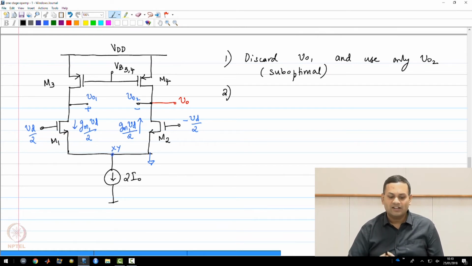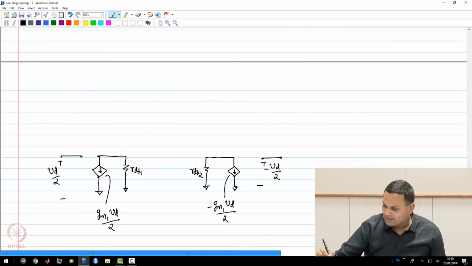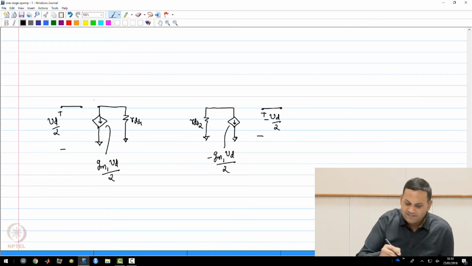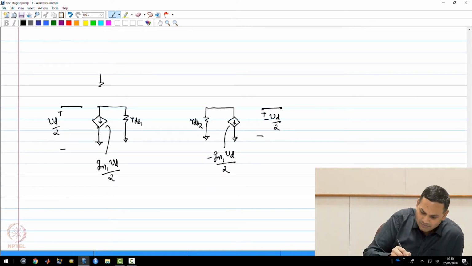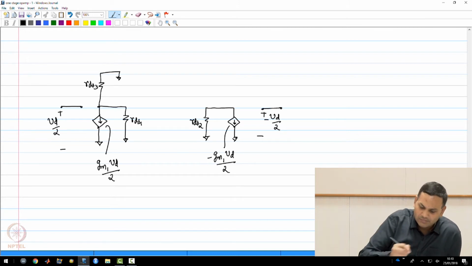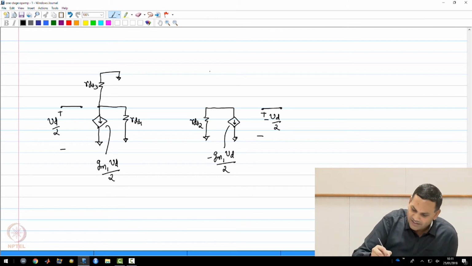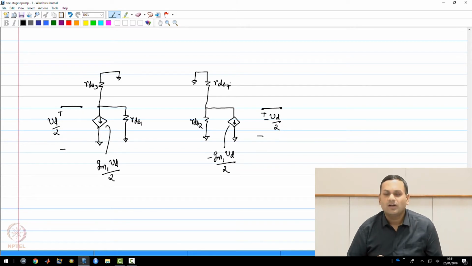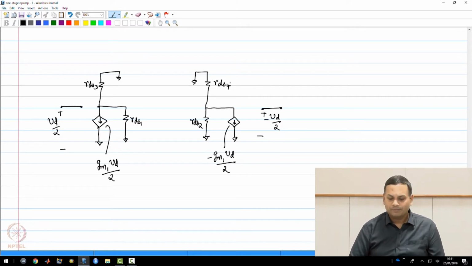So the voltage controlled current source, the gm portion of the PMOS transistors, will be 0, and therefore it will present purely resistive impedance at this node. So this is rds3, and similarly you will have rds4 connected to VO2.